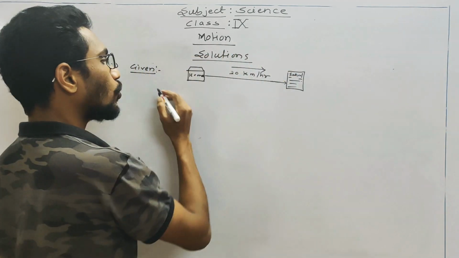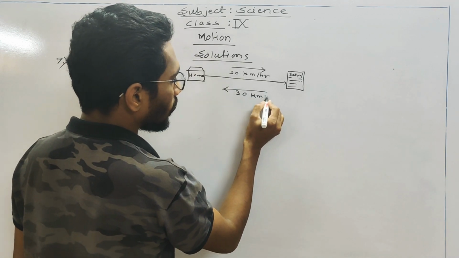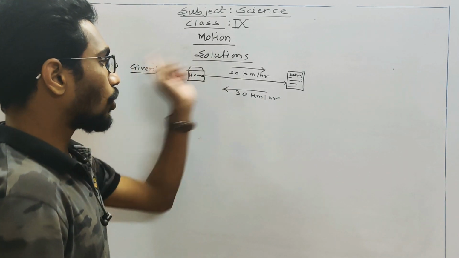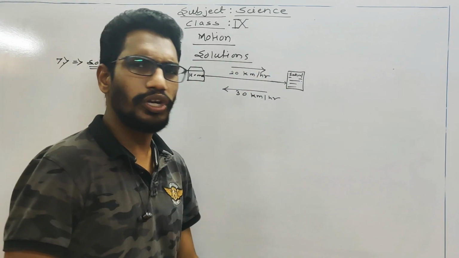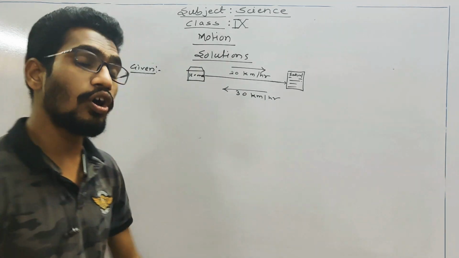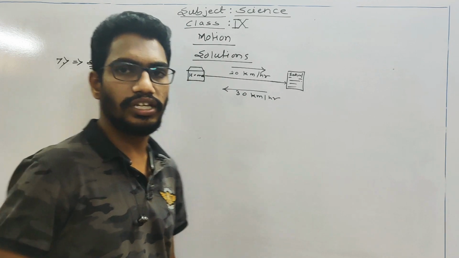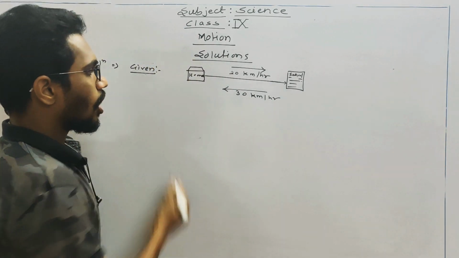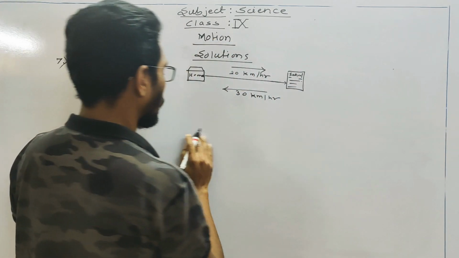Now from school to home there is less traffic, so it increases the speed, that is 30 km. जाते हुए 20 km per hour, आते हुए 30 km per hour. No need to convert them into meter per second. Get your answer in kilometer per hour. Afterwards you can convert it. Otherwise, don't convert it. You will get your answer in kilometer per hour. That is okay. Home to school 20 km per hour. School to home 30 km per hour.